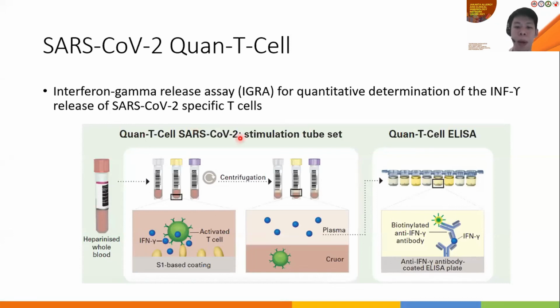This interferon gamma is then tested on our Quanti-Cell ELISA, which will give you a quantitative value to tell you whether the patient was previously exposed to SARS-CoV-2 or whether their T cells have memorized or seen peptides that resemble the SARS-CoV-2 spike protein.